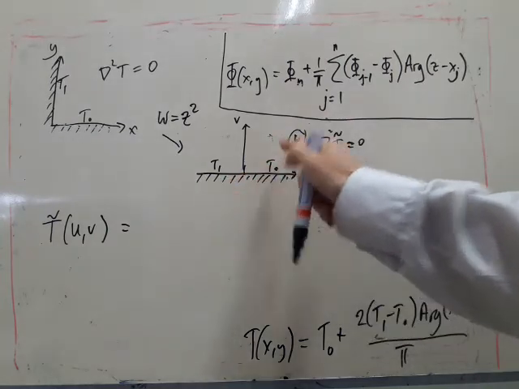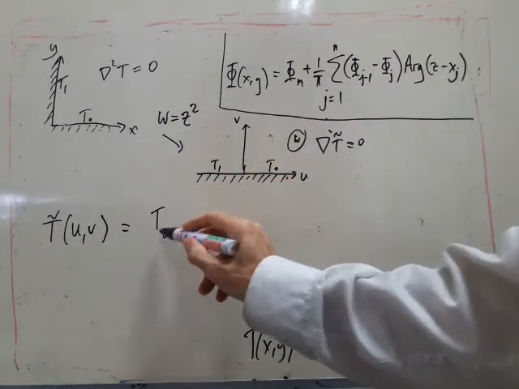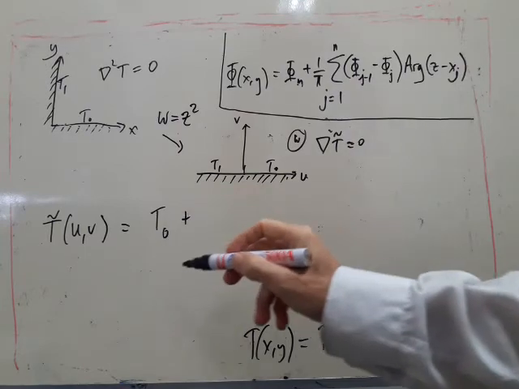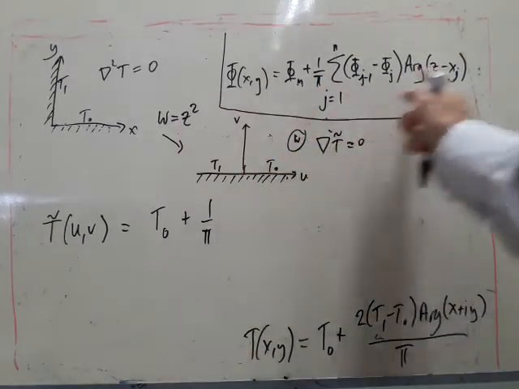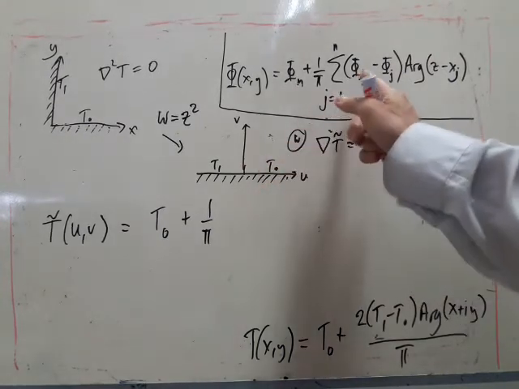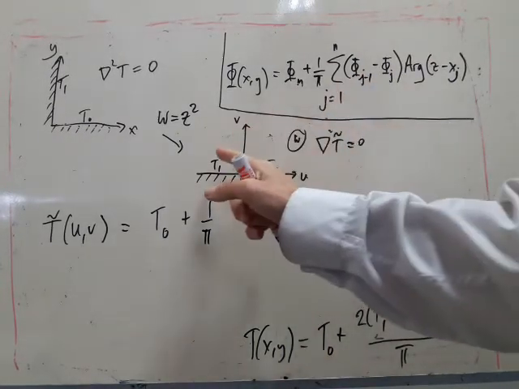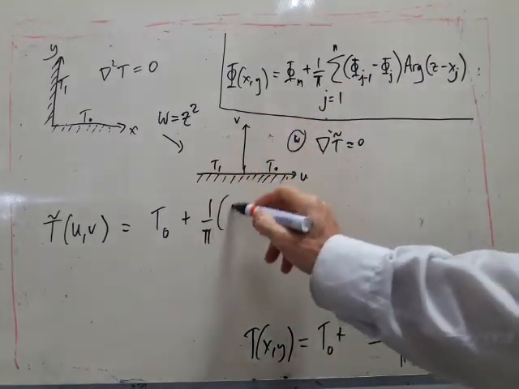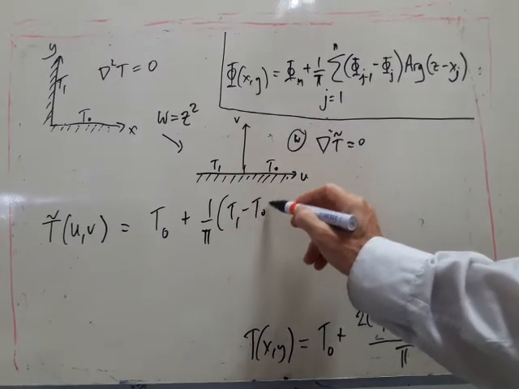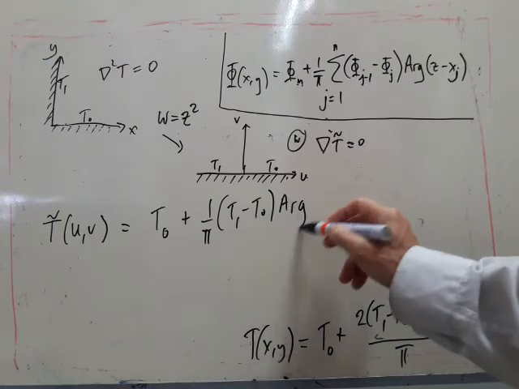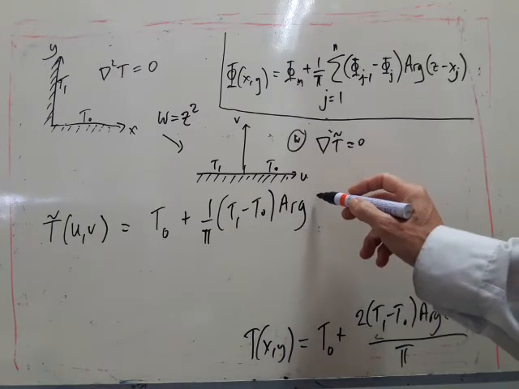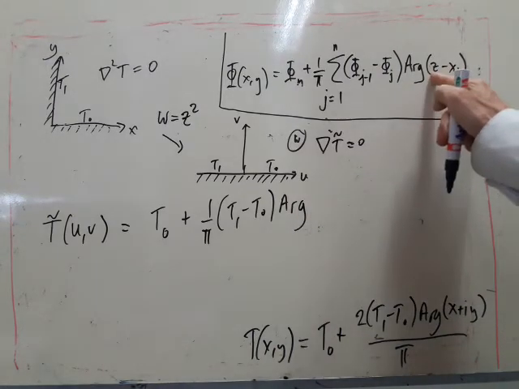T tilde is equal to this value here, T0, plus 1 over pi. x1 is 0, so we just end up with this minus this, so it's T1 minus T0, times arg of w.